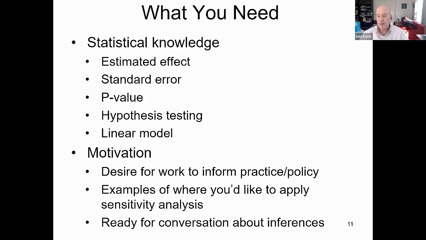And that you're ready to have a conversation about inferences, which sounds maybe obvious. But I'll anticipate something that comes up every time. Someone's going to say, what's a threshold for good enough sensitivity? I gave you a percent, 85%. Is that enough or not? Is 40% enough or not?